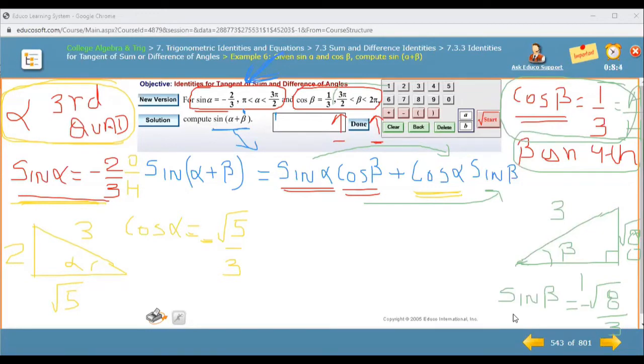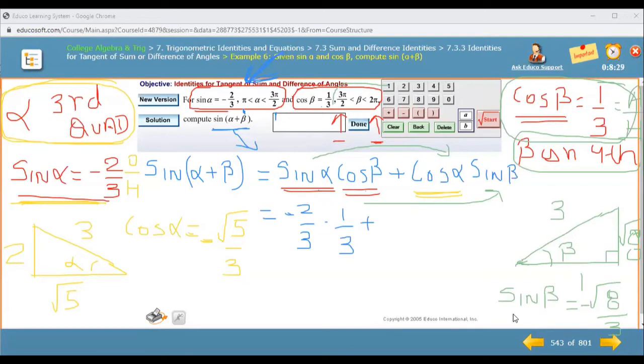Now, once we are done till this point, in the next step I will just plug in the values. Sine alpha is given in the question, negative 2 over 3. Cosine beta is given in the question, times 1 over 3, plus cosine alpha.